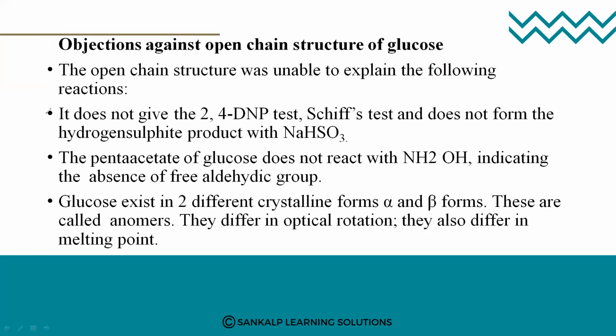The open chain structure could not give the 2,4-DNP test, the 2,4-dinitrophenylhydrazine test. It could not give the Schiff test, and it does not form the addition product with NaHSO3. So these were the limitations.